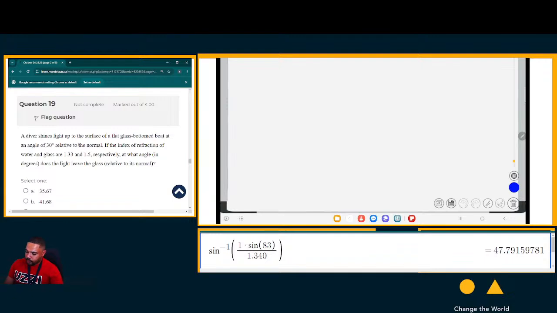So for the first section, from water to glass, we have N1 sine theta incident equal to N2 sine theta refracted. This is for water and glass. Maybe I should make it a W for water, and this is N2 glass.